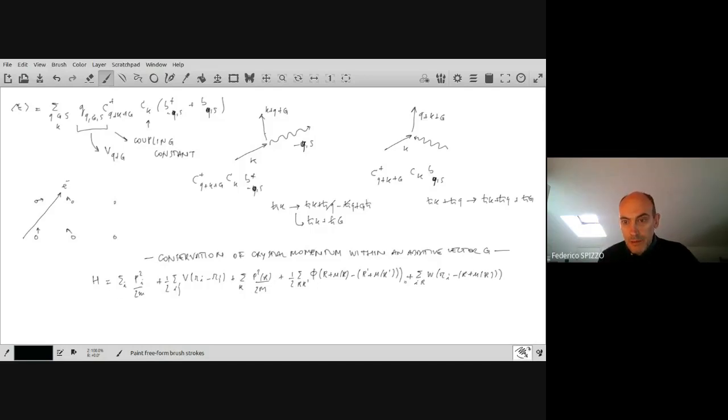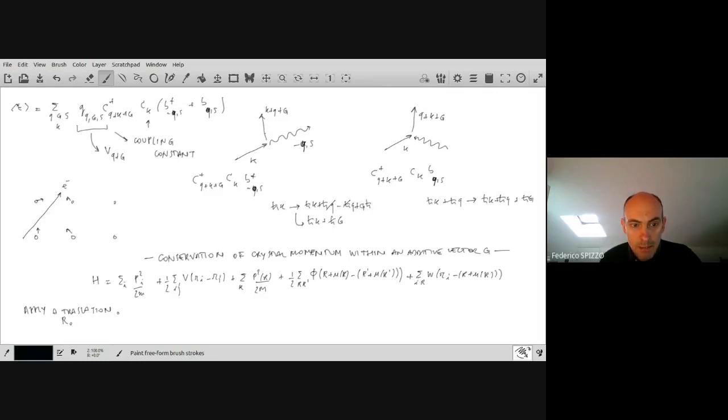If we now consider this Hamiltonian and apply this transformation, so if we suppose to shift all the coordinates by a vector of the Bravais lattice, so if we now make a translation, and in this case, the translation is made by translating everything by a vector that belongs to the Bravais lattice.